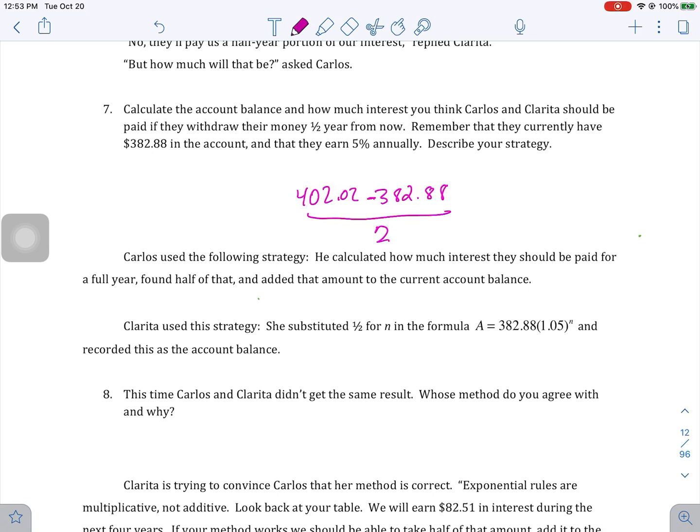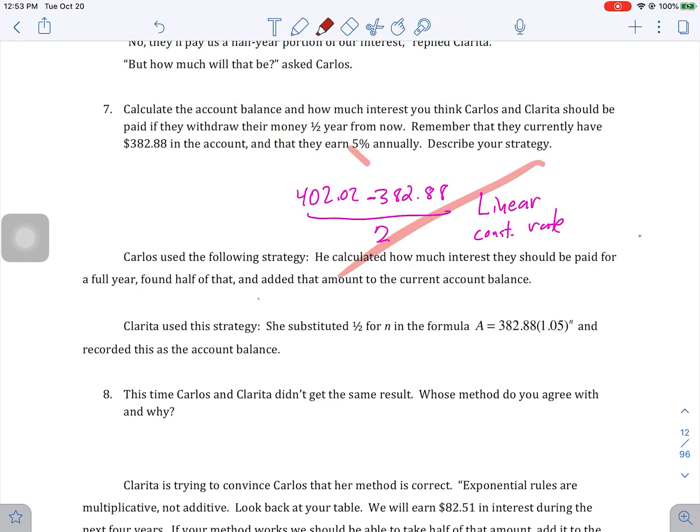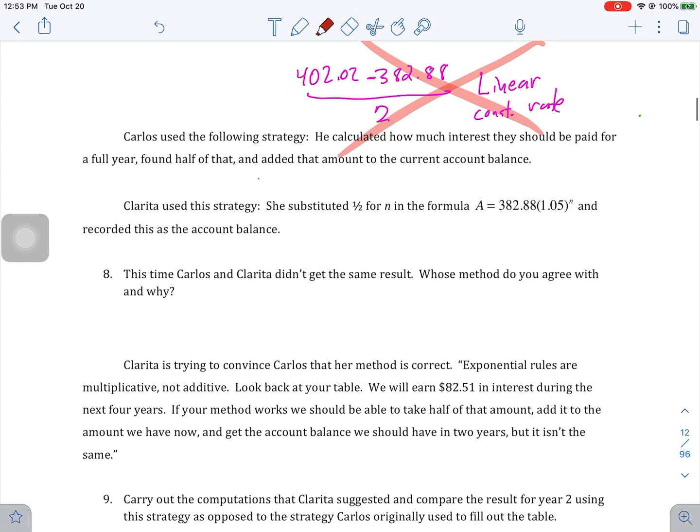The answer is no. This would only be the halfway point if it was a linear relationship with a constant rate. Okay, but we're not talking about a linear relationship. We're talking about an exponential relationship.